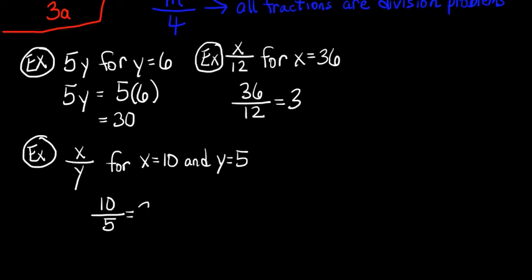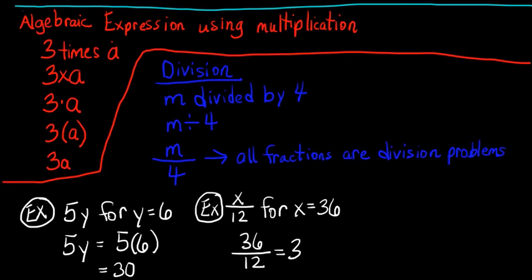Alright, another example, we'll put it right here since we have some room. I'm just going to write mn. If we see something like that, it means we're going to multiply.